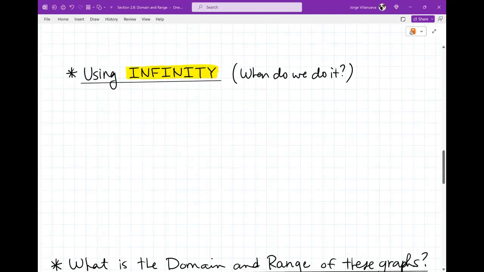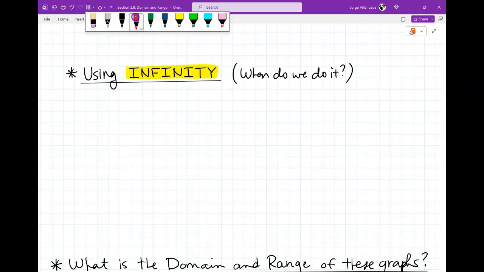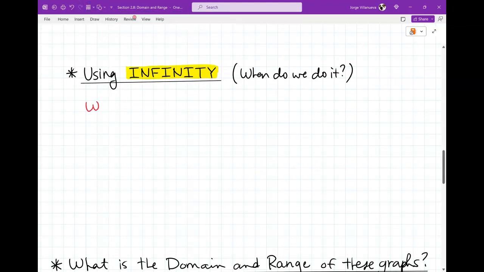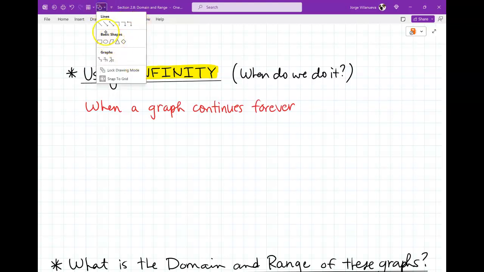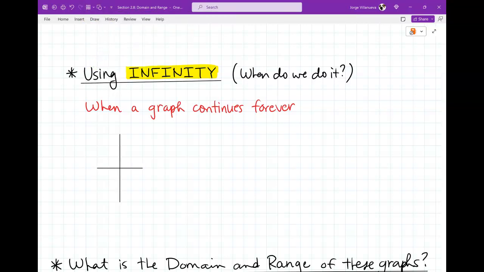So when do we do it? Well, I just kind of mentioned it. When a graph continues forever. Okay, I'll draw you a little example of something like this. Just a little tiny one. Nothing big.